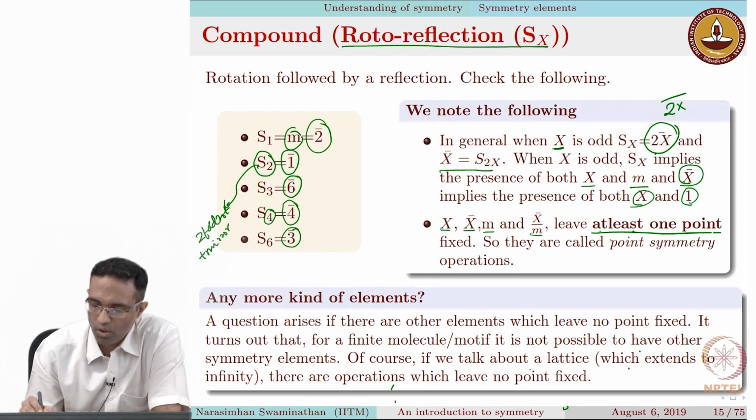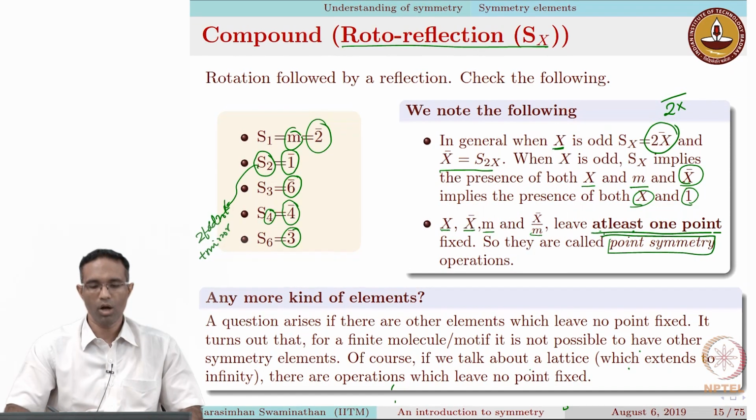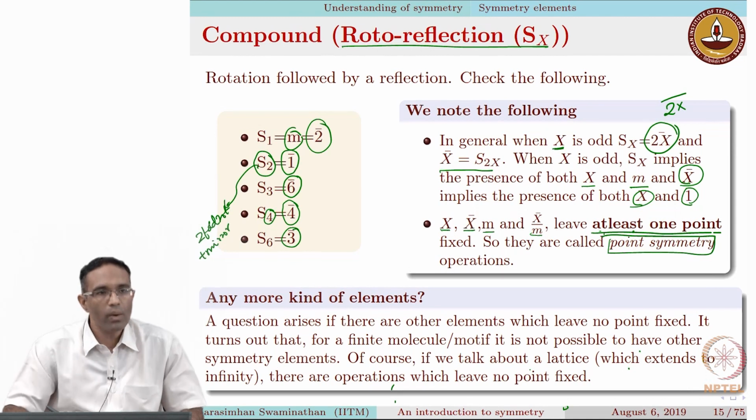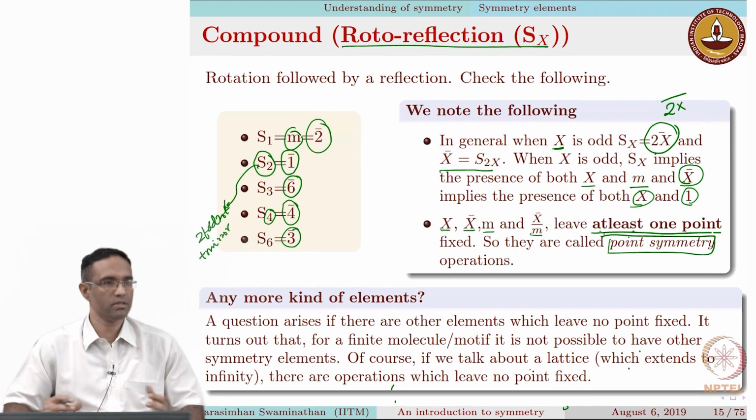Okay. So these are called point symmetry operations. Surprisingly, it is not required for us to study any other kind of symmetry operators. This is enough. Okay. Everything else can be built on top of this.